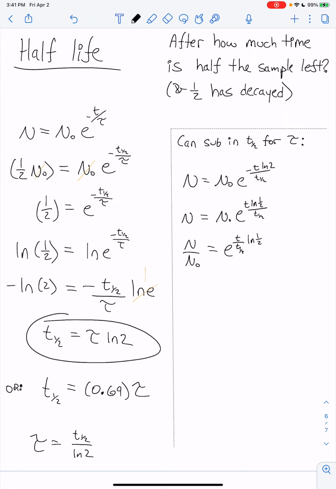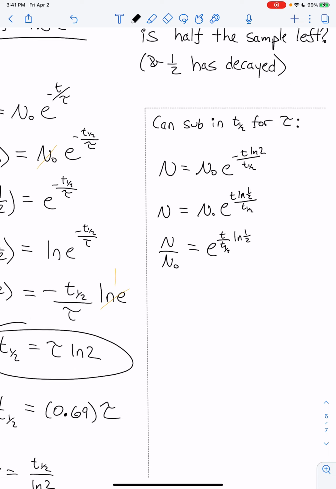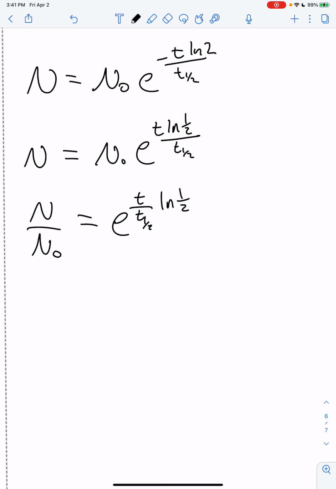Okay, so when it's written in this way, what does this remind you of? If we zoom in just to this and consider what we have is an expression of t over t1/2 times ln 1/2, our logarithm rules allow us to take this and move it up into an exponent. So that's what we're going to do.